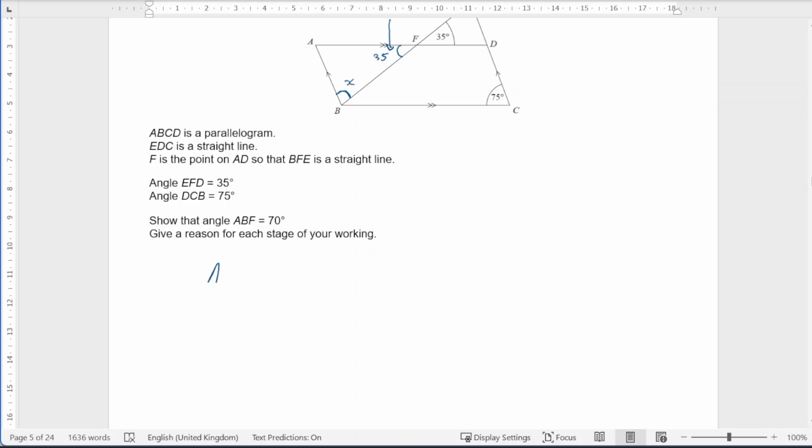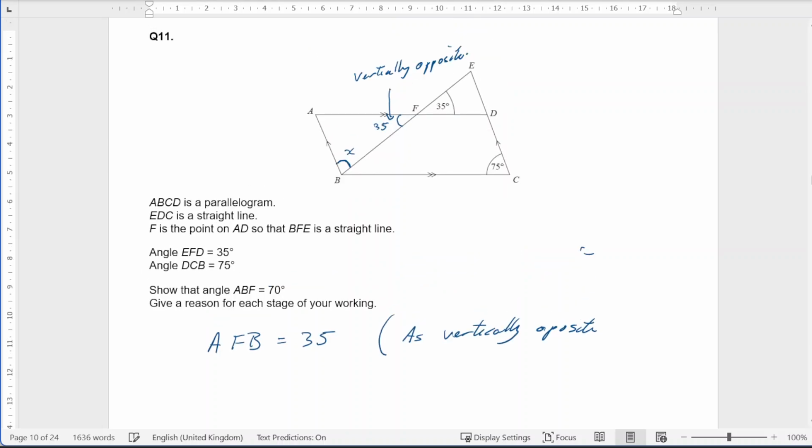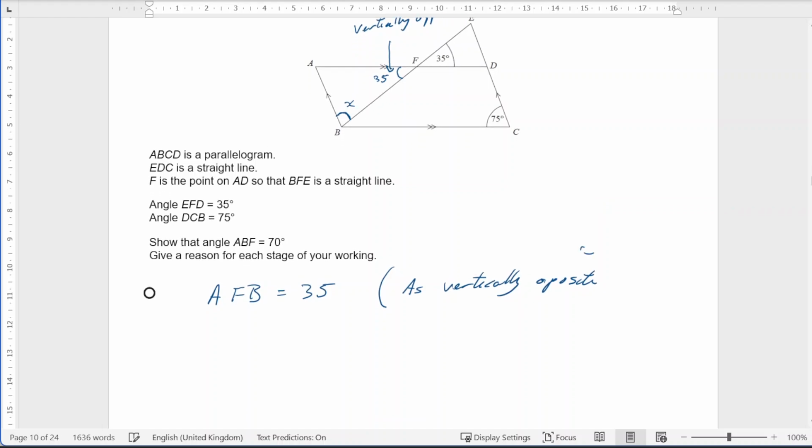I'm going to say that AFB, that's the angle A to F to B, is going to be equal to 35. And then I put my reason in a bracket as vertically opposite. And then technically it's vertically opposite EFD.